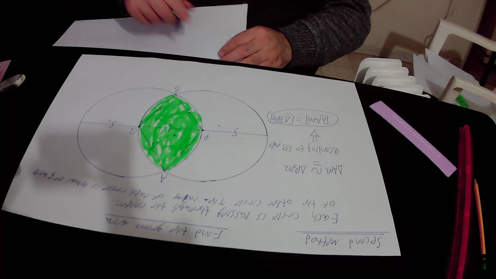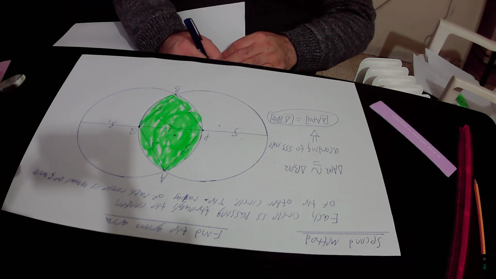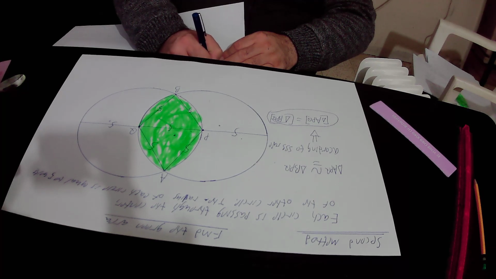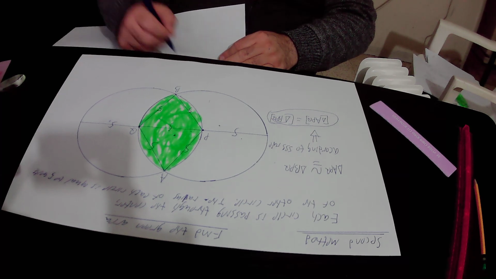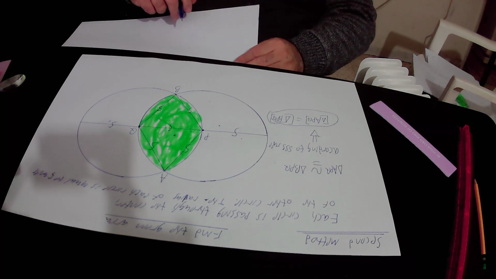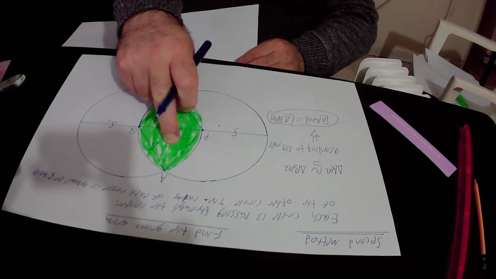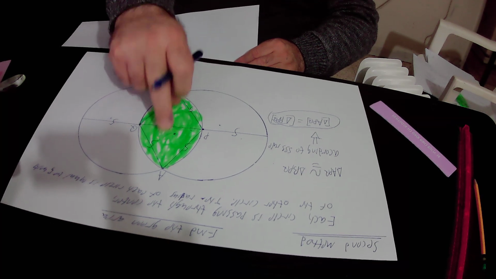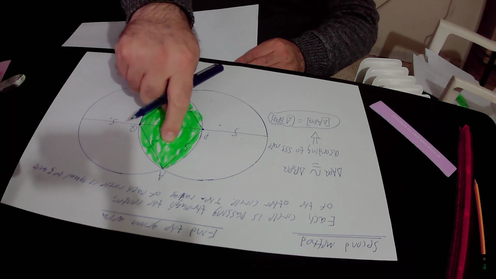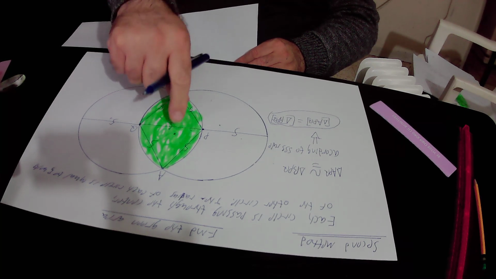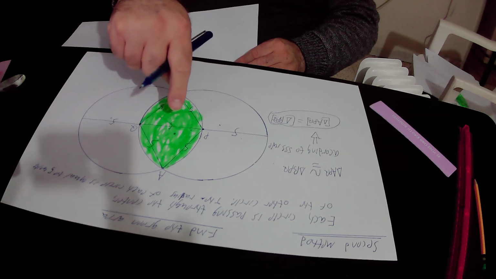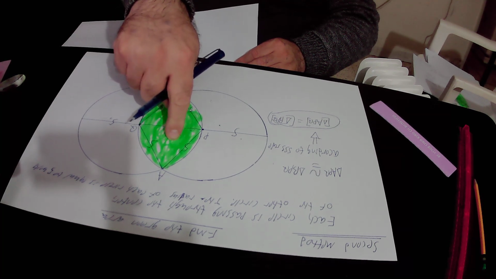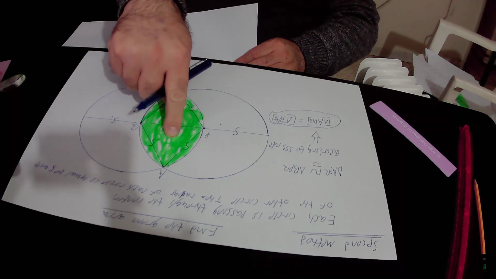The area of the green shape will be equal to the area of those two triangles, and the area of those two triangles is equal to 2 times the area of triangle APQ, because those two triangles have the same area.